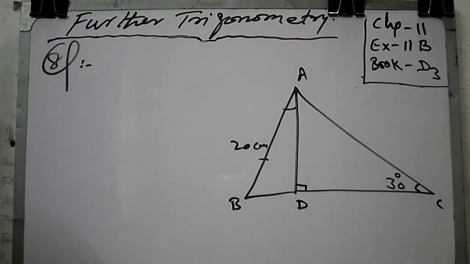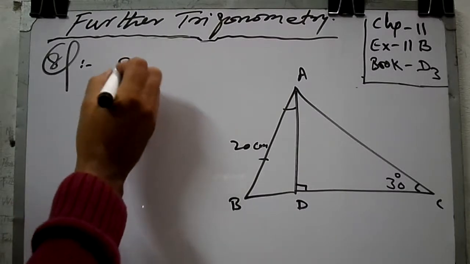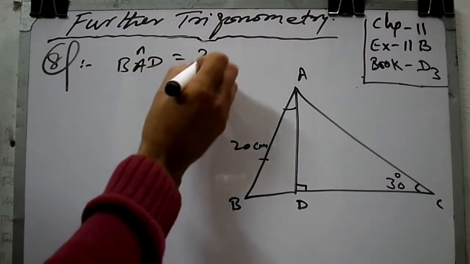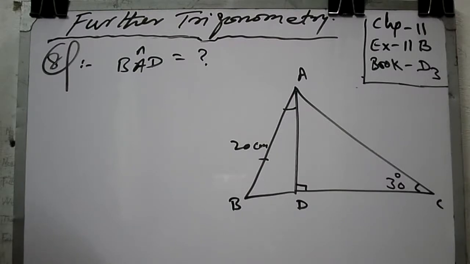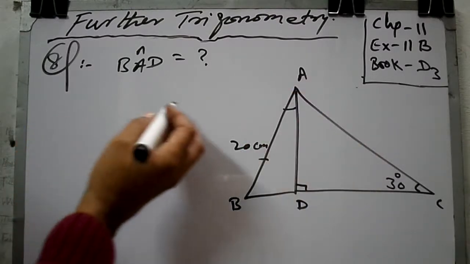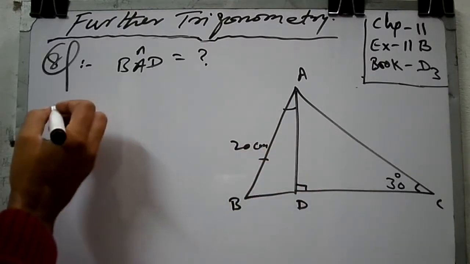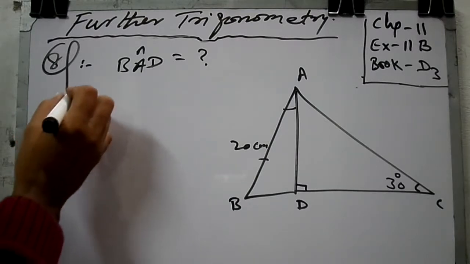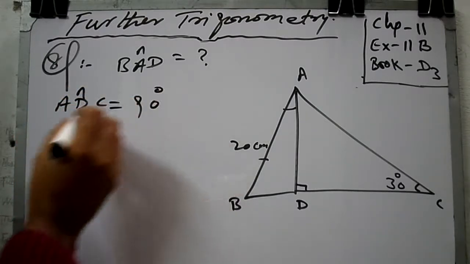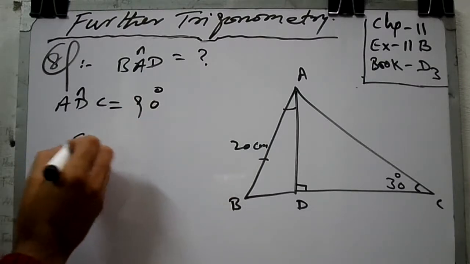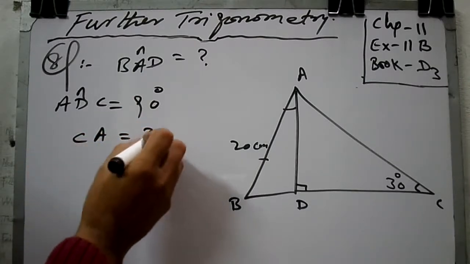So first we have to find angle BAD. How can we calculate? First of all, we take the triangle ADC, which is a right triangle. From the figure it is clear that angle D is equal to 90 degree, and angle C is equal to 30 degree.